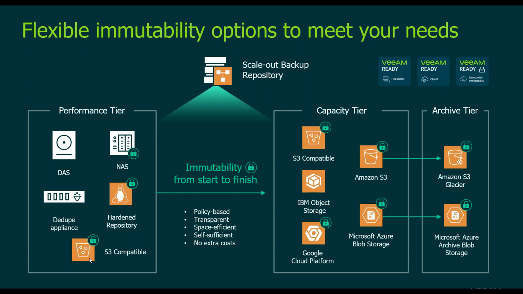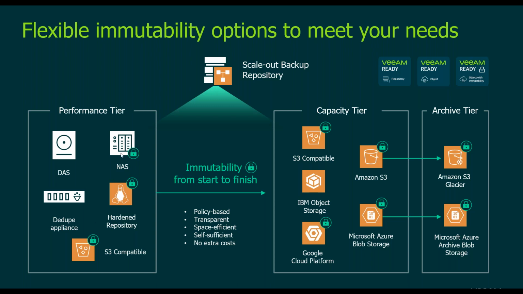So if you purchase local object storage or use MinIO, or even if you have a NAS, so you can see I've got the little lock on the NAS here. If you have a Synology or a QNAP that has the ability to provide the S3 protocol, Veeam can also make those backups immutable. So we're providing you many different options.